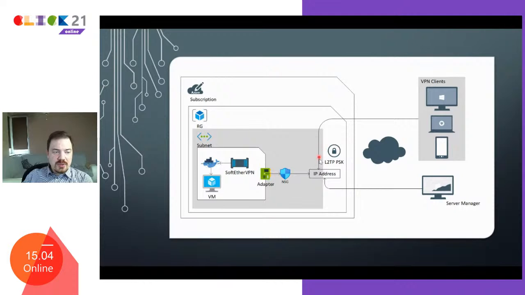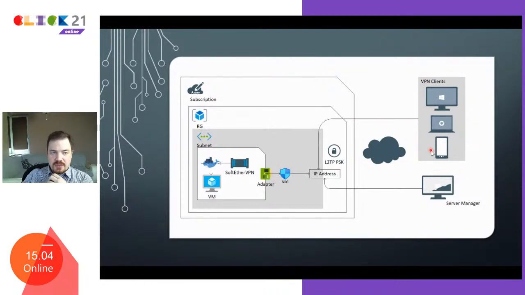As the VPN protocol, we would use L2TP with a pre-shared key, which is a pretty secure option with less effort to set up. Also, we're going to create an external IP address to accept the connection to our VPN server.